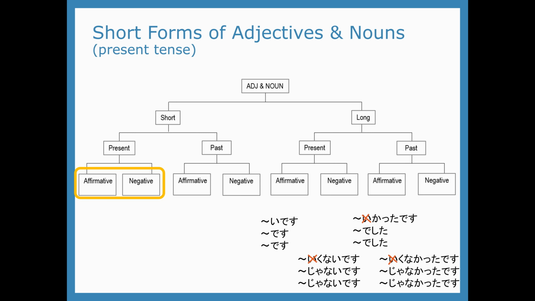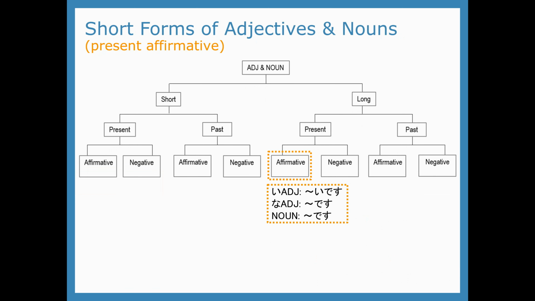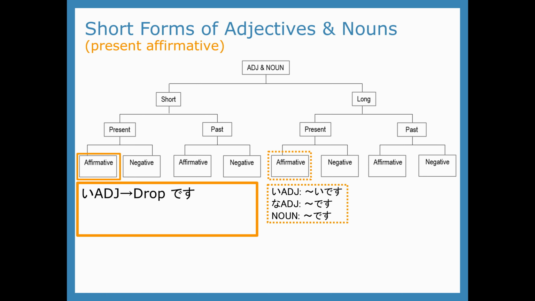So, our present tense short form. Let's start with the present tense affirmative short form. For our long form, we have the i adjective with the i still on it plus desu, the na adjective plus desu, and the noun plus desu. In short form, we just drop the desu. So an i adjective like atsui desu, samui desu, isogashii desu, we're just going to get rid of desu. So we have atsui, samui, isogashii.